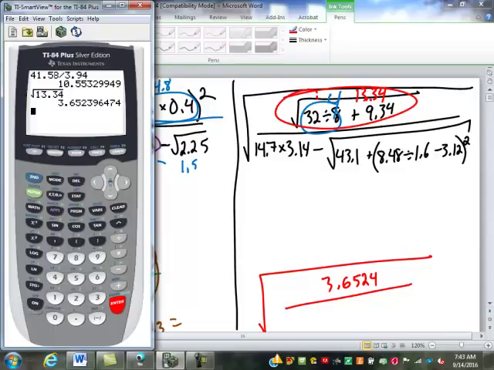So, your 14.7 times 3.14, wouldn't your sig fig go to just the tenths? That would actually only go to the tenths, yes. But we're not going to deal with significant figures right now. I'm just looking at where I would probably put my answer. Significant figures comes in when you're looking at physics and chemistry.